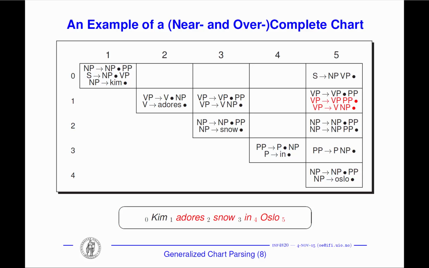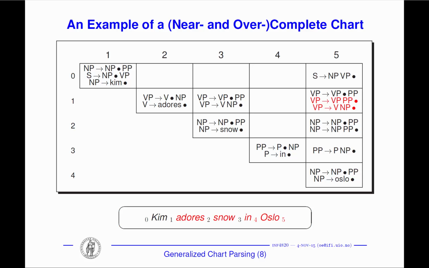So I have a duplicate entry here that says, from 1 to 5, I can successfully derive a passive edge by either using the rule VP goes to VP PP, or using the rule VP goes to V NP. These two, so in this sense the chart is over complete, would be packed into a single entry. So here I've written down the local ambiguity. So it's important to note that the chart is over complete in this respect.